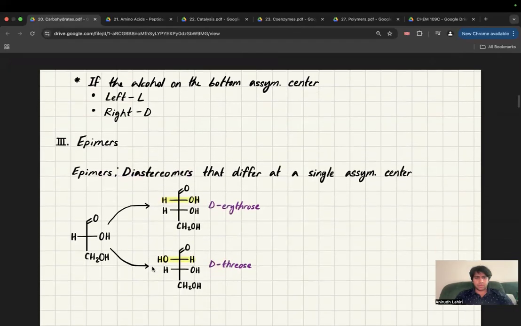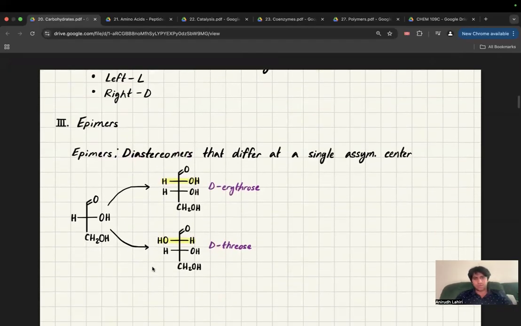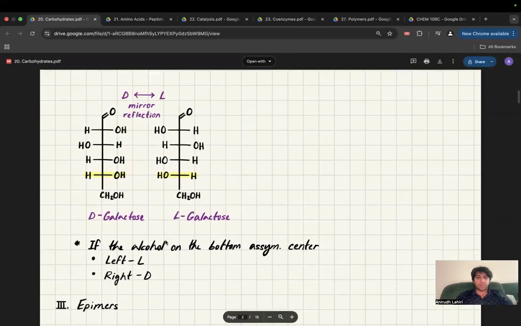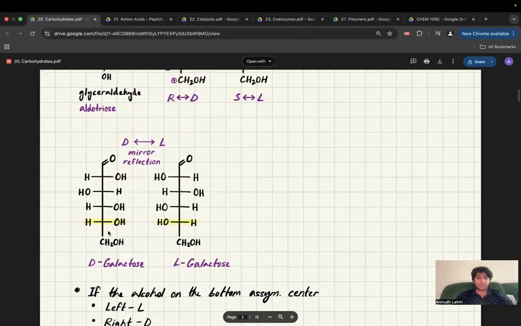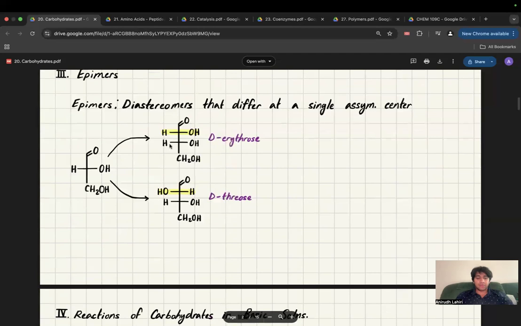Okay, cool. Epimers. Epimers are diastereomers that differ at a single asymmetric stereocenter. We have here and here. These structures are exactly the same, except in one of these we have an OH on the right side, and in one of these we have an OH on the left side, right? They differ from enantiomers, which are mirror reflections, because all of the stereocenters are inverted there. For epimers, all of them but one are inverted.